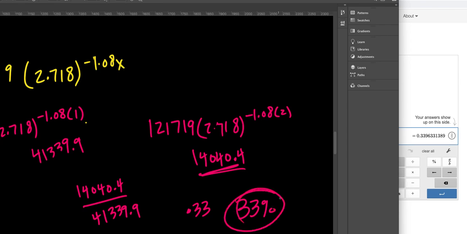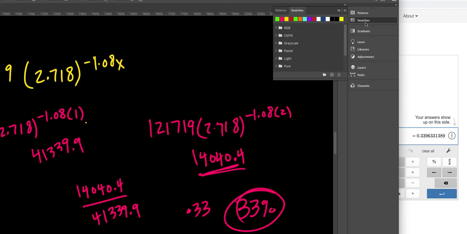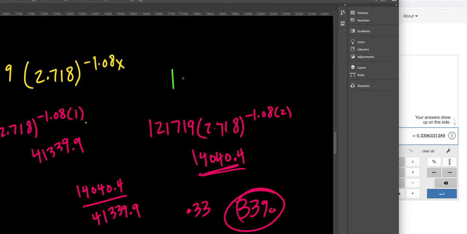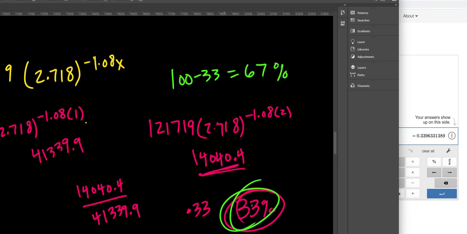However, we want to compare it to 100%. So we need to take 100 minus 33, which is 67. And since that's lower than 100, because we went from 100 to 33, we have a 67% decrease. And so that's the answer that we want for that data.